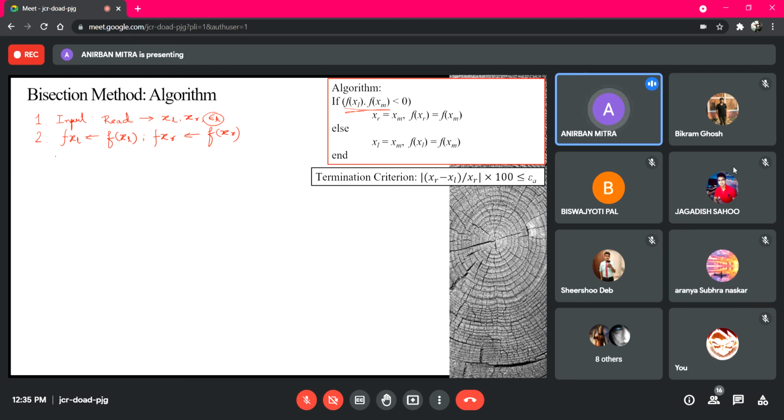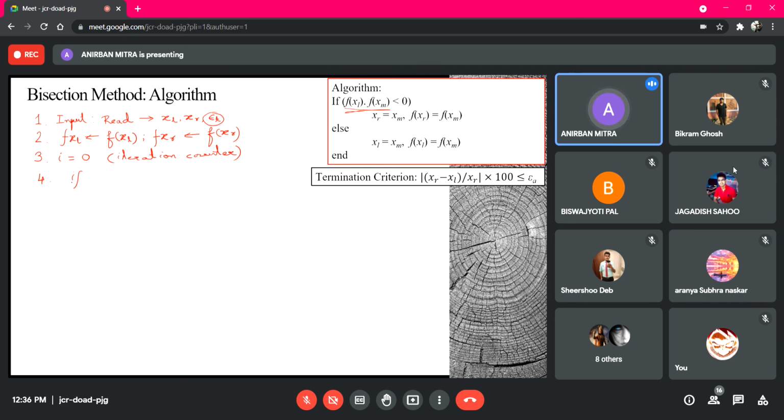You can here also initialize an iteration counter. It will keep track of how many iterations you are performing.